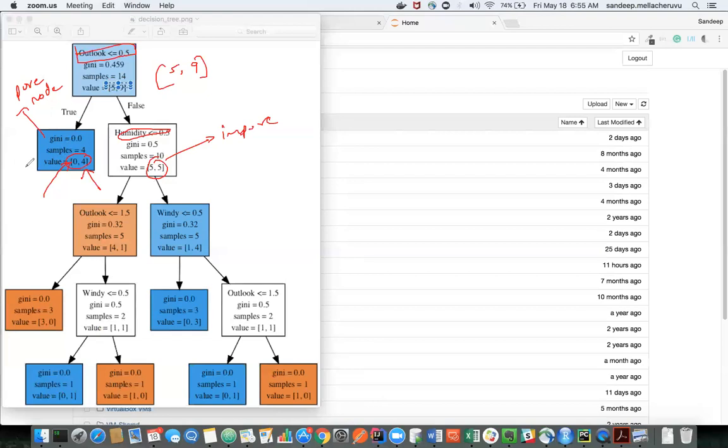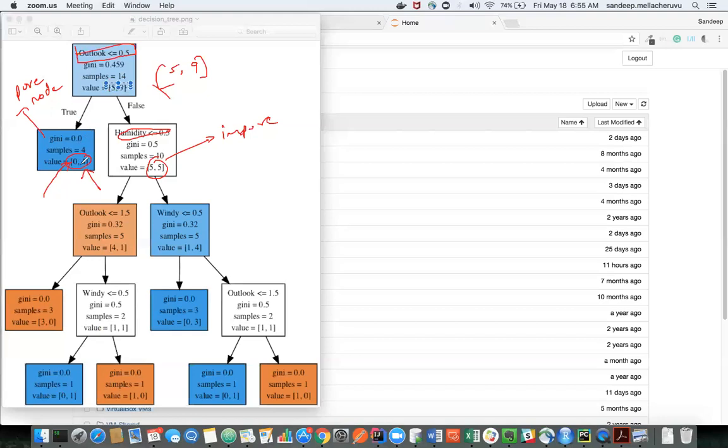How you are splitting, we are going to go into detail, but we are just understanding how this happens in this example. We are going to solve this problem and understand each and every part of it. But you need to understand whether it is a pure node or not. How do you find a pure node?